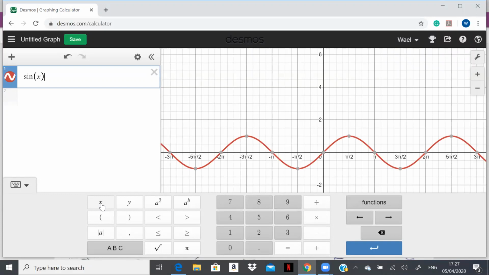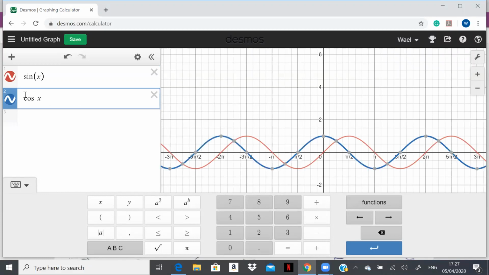For the other function, go to number 2 and graph cosine x using your keyboard, here you go. So you notice you can graph using this program, desmos.com/calculator. This is the first section, part A, for graphing the functions sine and cosine. Okay, let's go back to the lesson.